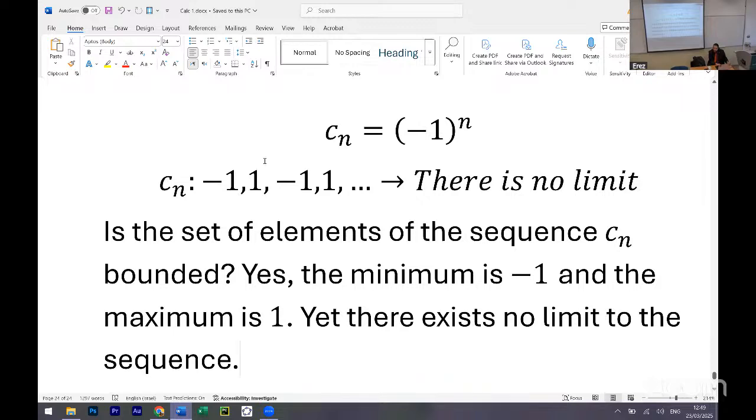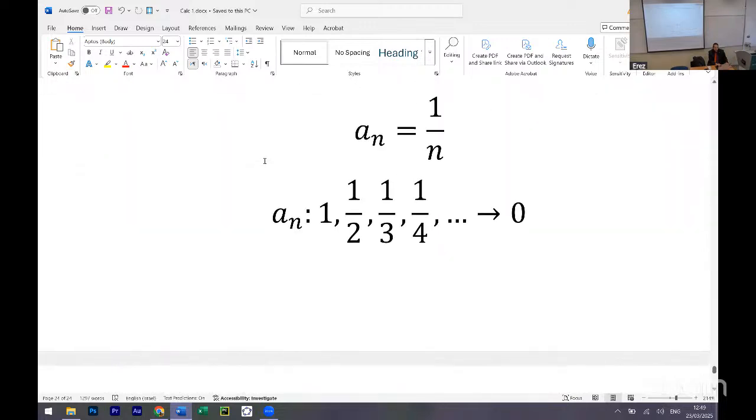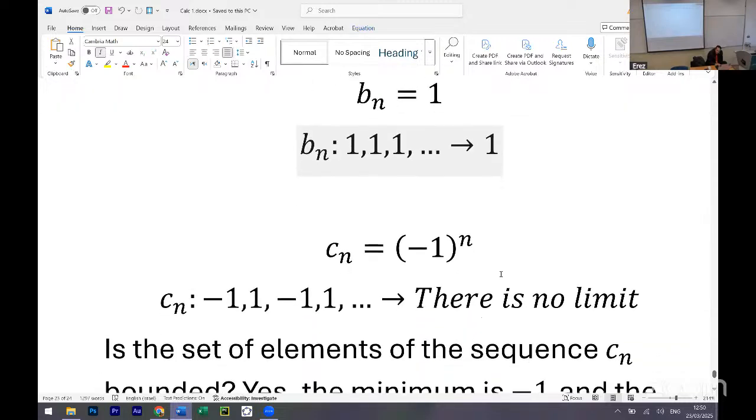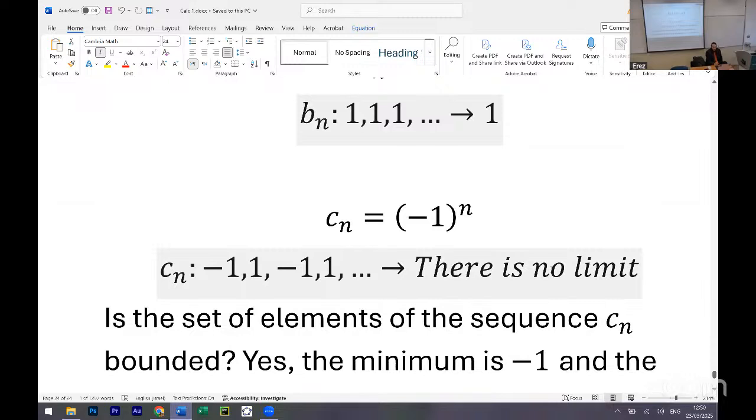So you see that intuitively you understand the idea of limits. I gave you 3 sequences, you got the limits correctly in each and every example, but it's still hard to give a mathematically correct definition of why you said the limit here is 0, the limit here is 1, and there is no limit here. What we will do for the next few minutes is try together to give a definition.